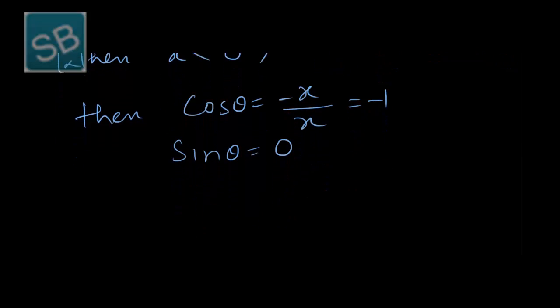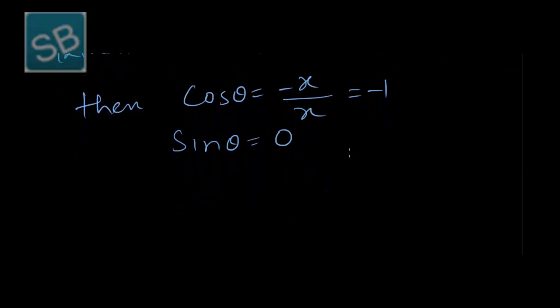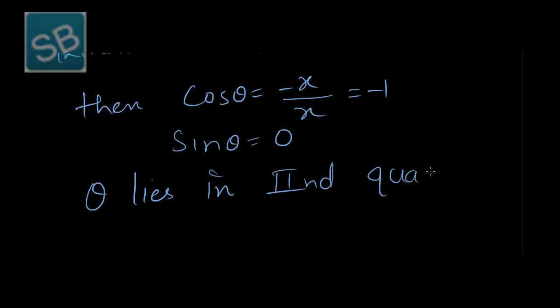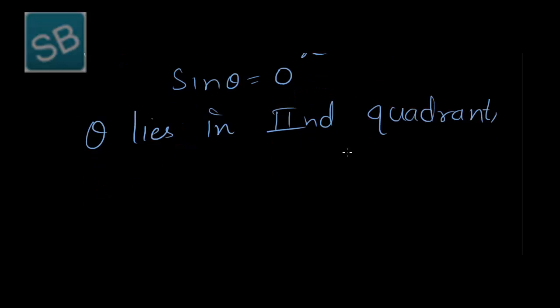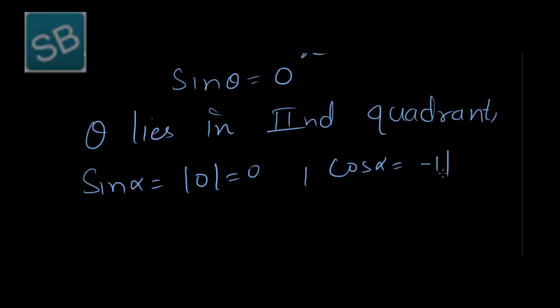As cos theta is negative and sin theta is positive, theta lies in the second quadrant. Here we define sin alpha is equal to mod value of 0, that is 0, and cos alpha is equal to mod value of minus 1, that is 1.